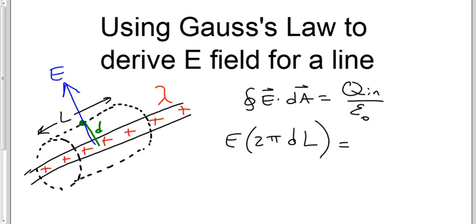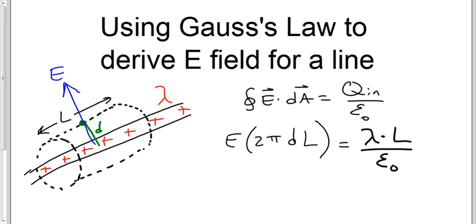So inside the cylinder, depending on how many meters that is, the amount of charge will just be lambda times the length of the cylinder. That takes the place of the charge that's inside, and then we put all that over epsilon sub naught.